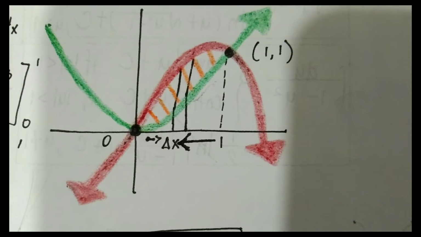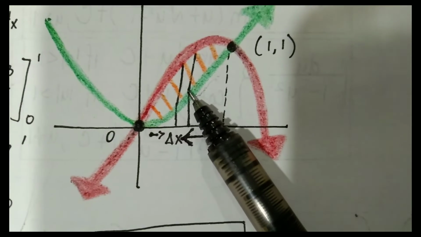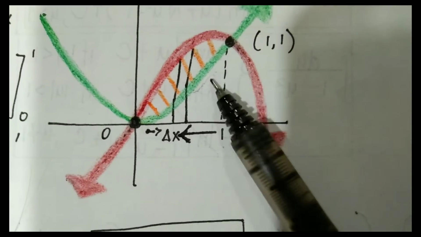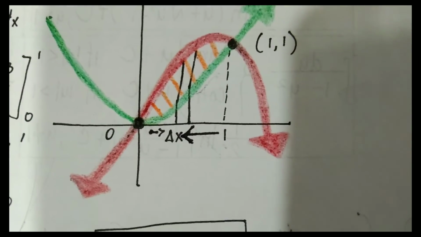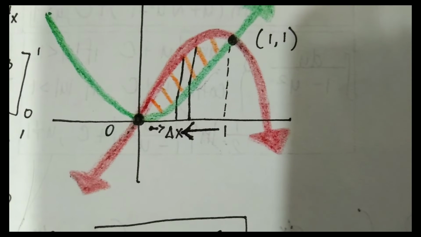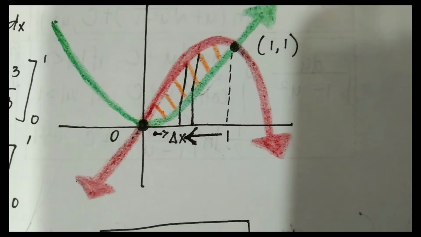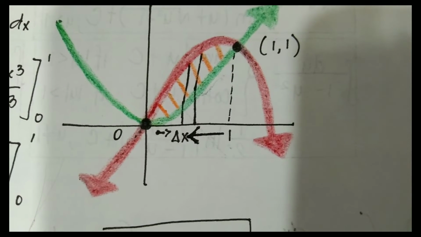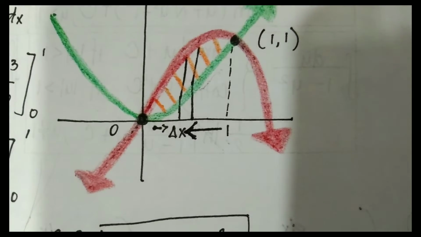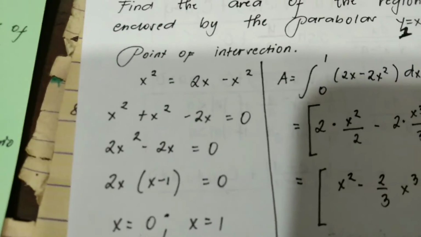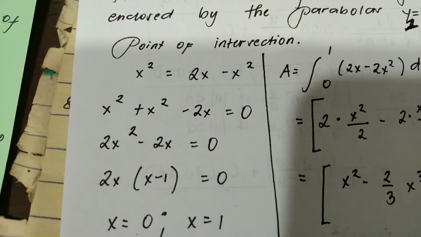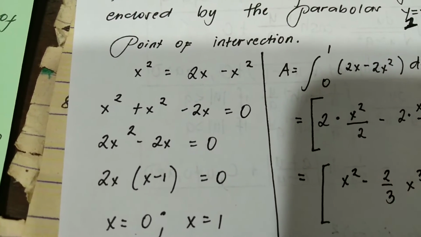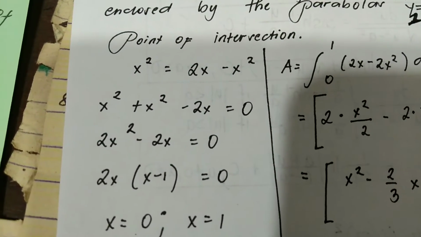We need to figure out this area right here between the curves, and we have two functions here. What we need to figure out first is the point of intersection. The two curves are x squared and 2x minus x squared.